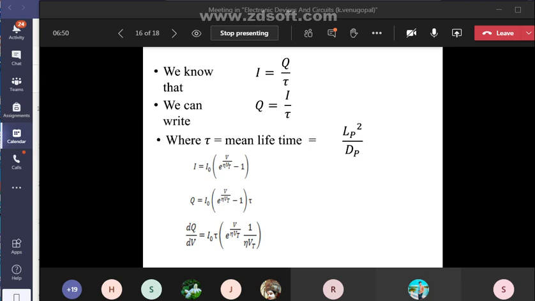Here I equal to Q by tau, so you can write Q equal to I tau, where tau is the mean lifetime, which we can write as Lp square by Dp. We know the current equation, I equal to I naught into e power v by eta Vt minus 1.